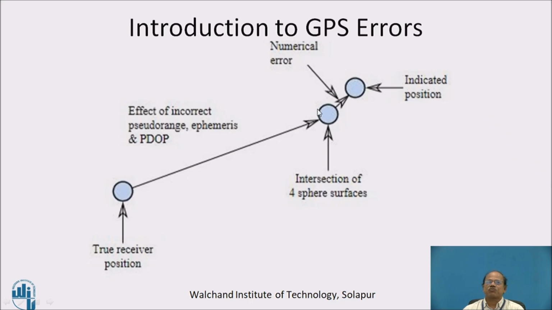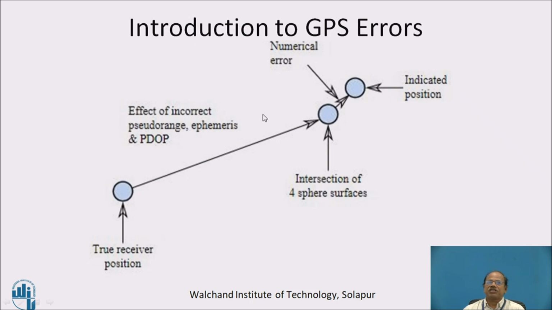So the four spheres, which actually work on the principle of trilateration, provide the intersection at this particular circle, which is the intersection of the four sphere surfaces or more than four sphere surfaces, to precisely identify the position of the user.